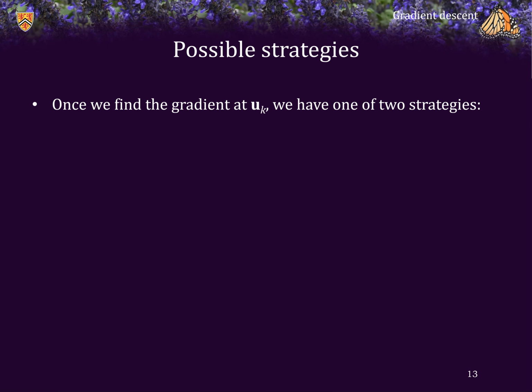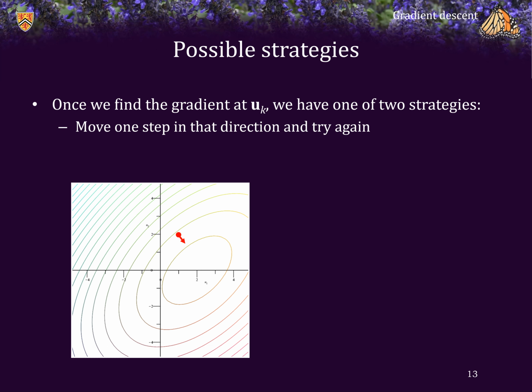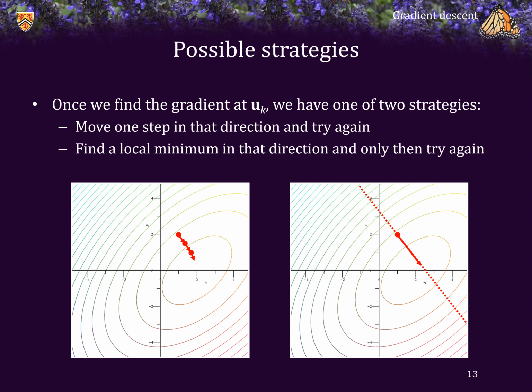All right, once we find the gradient at a point u sub k, we have one of two possible strategies. The first one is to simply move in the direction of the gradient and then try again. Calculate the gradient at the new point and then try again, at each step recalculating the gradient. A second approach is to calculate the gradient once and then move in that direction until you find a local minimum along that line.